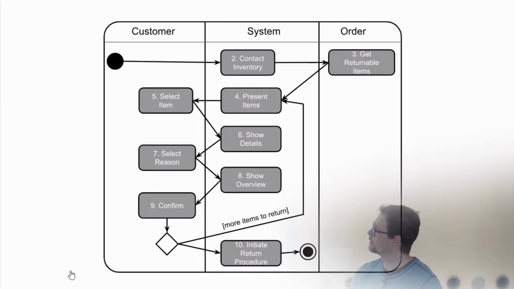You can also see that we have made a decision here to contact the order system only once. Maybe this is because of performance reasons. Maybe it just happened to become this way, but we can clearly see here that we need to remember the returnable items as it is right now, so that we can present them again if wanted.